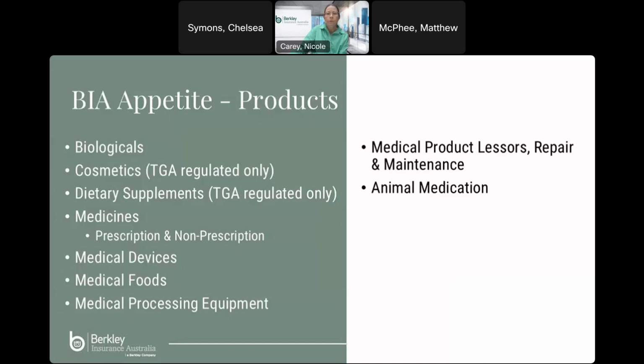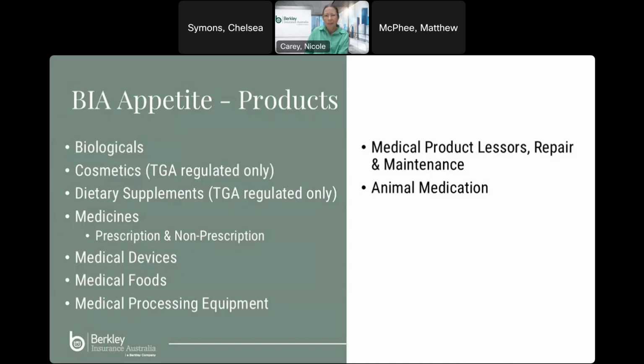So medical foods are foods that are prescribed by a doctor when a patient has special nutrient needs to manage their disease or health conditions. And that patient is continually under the physician's ongoing care. So in Australia, medical foods are regulated by Food Standards Australia and not the TGA.